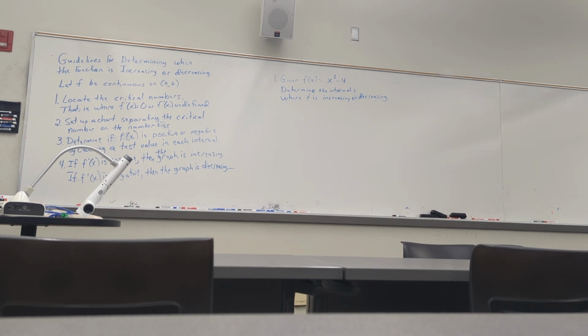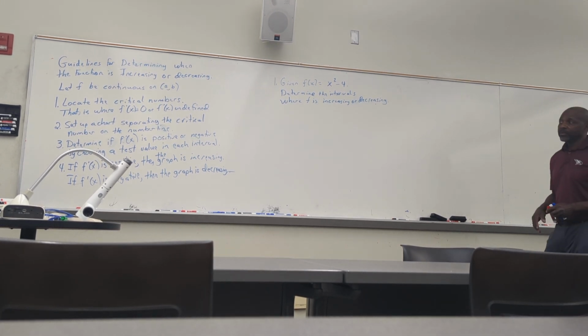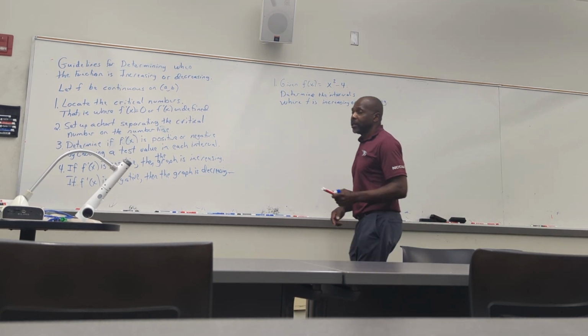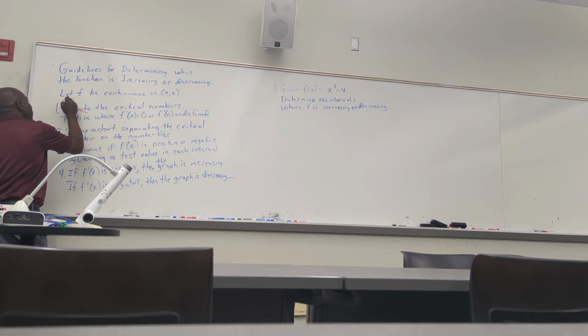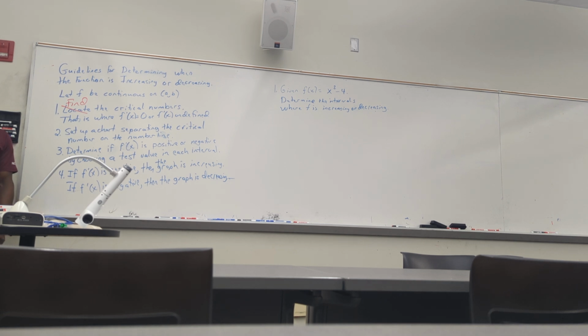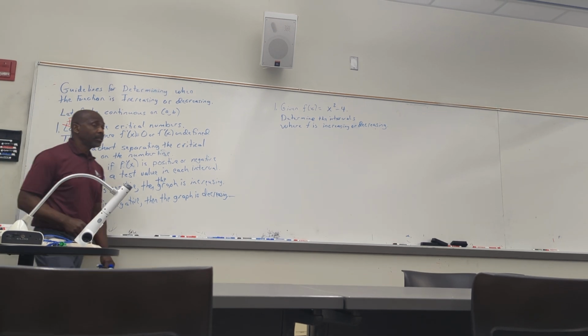Y'all read my first step. What's the first thing you're supposed to do? Locate the critical numbers. And if y'all don't like the word locate, let's change this to find. Find the critical numbers. How do you find the critical numbers? Take the derivative. And do what with it?